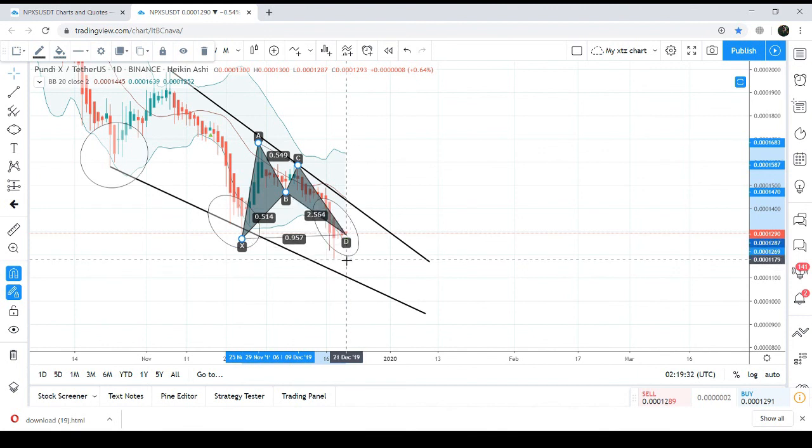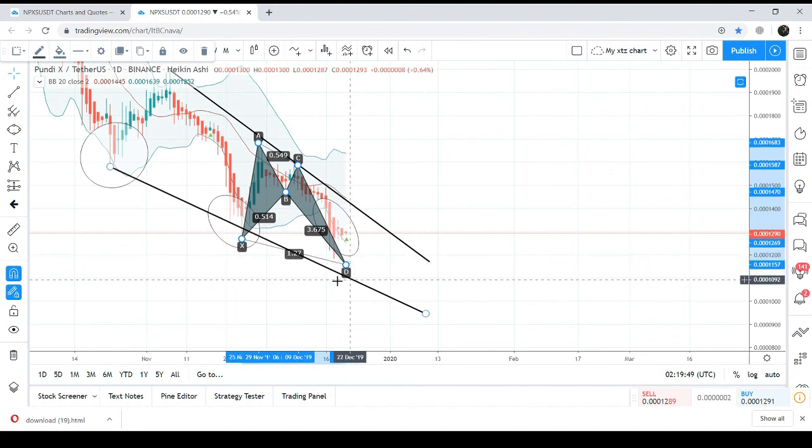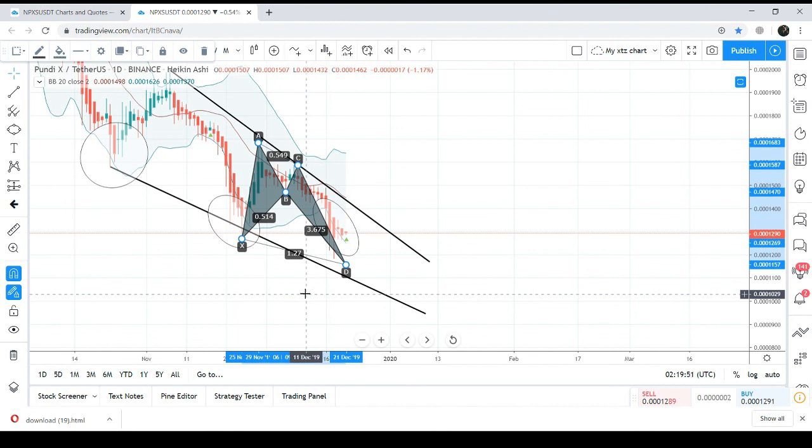At this time, it has retraced exactly up to 1.208 Fibonacci, but it should move slightly more down, almost up to here, 1.27, to complete the final leg of the bullish crab pattern.